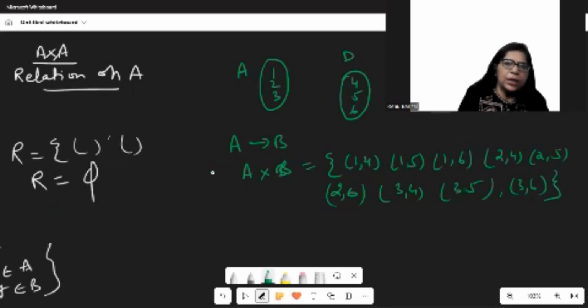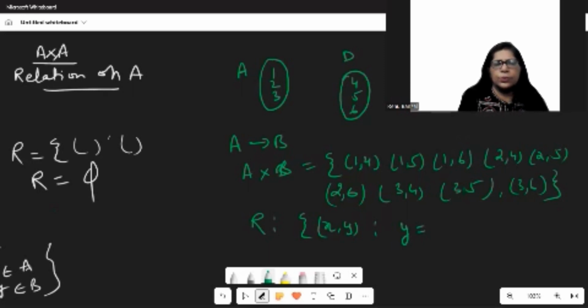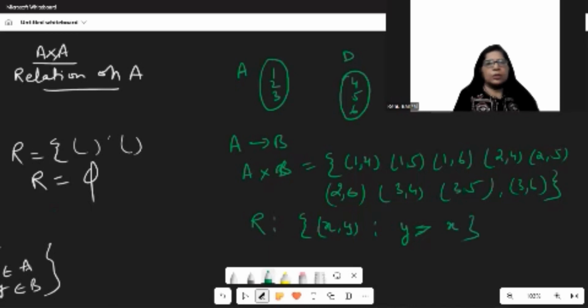Now, if I take a relation R such that it is an ordered pair (X, Y), where Y is greater than X. Take this relation.